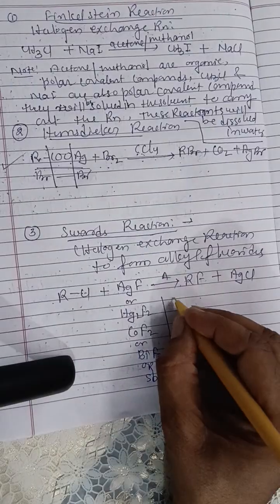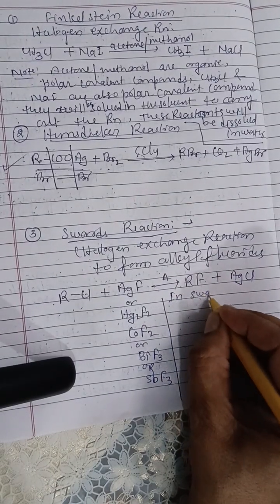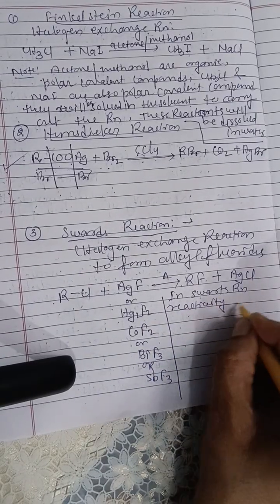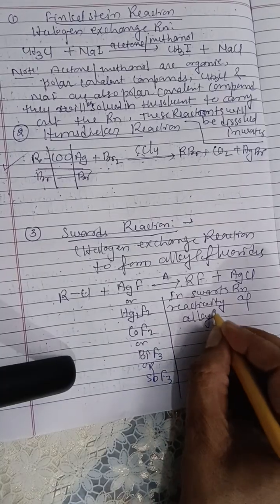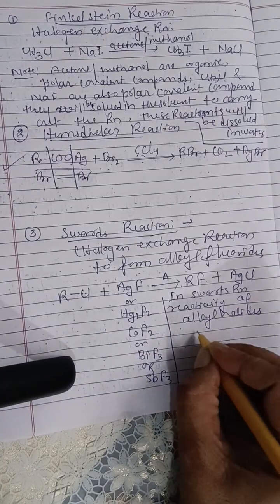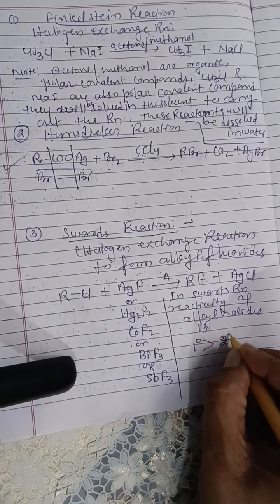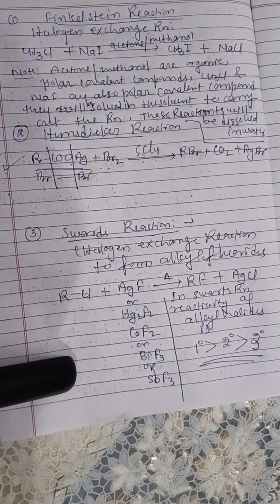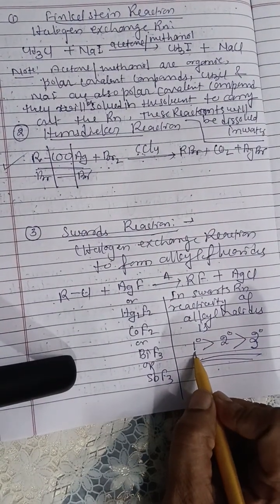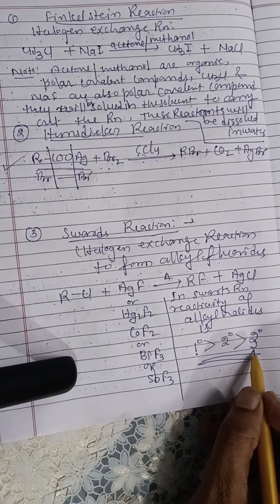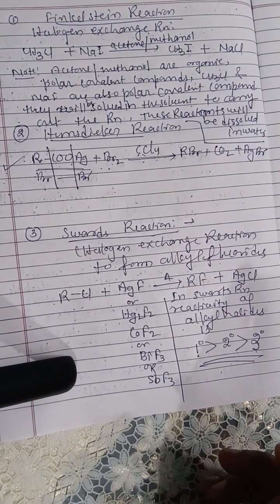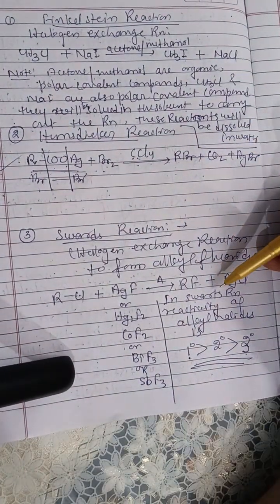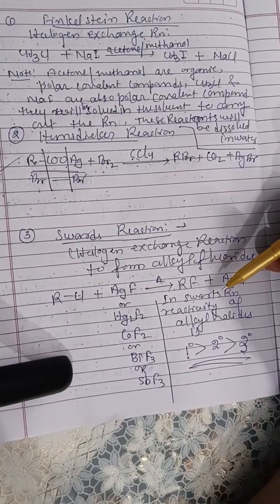Here in Swarts reaction, the reactivity of alkyl halides is 1 degree greater than 2 degree greater than 3 degree. Just opposite. So 1-degree alkyl halide will react faster and 3-degree alkyl halide will react at the slowest rate. Isn't it? These were the three named reactions to prepare haloalkanes.